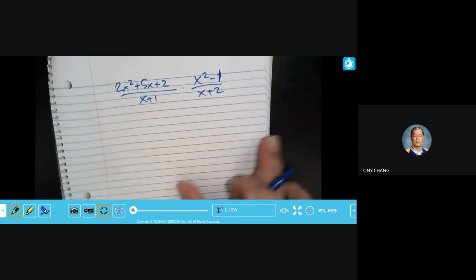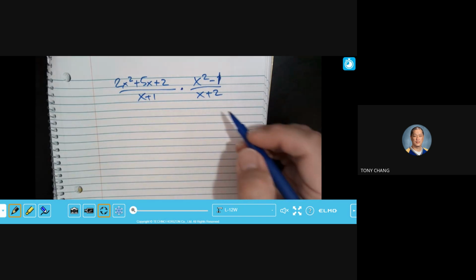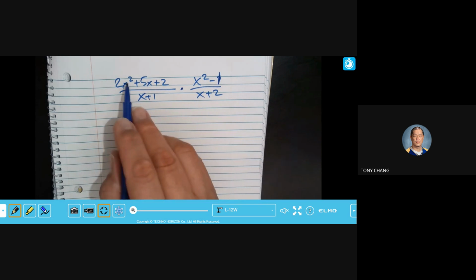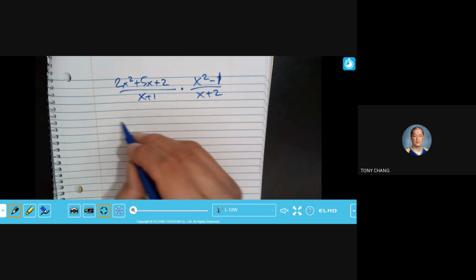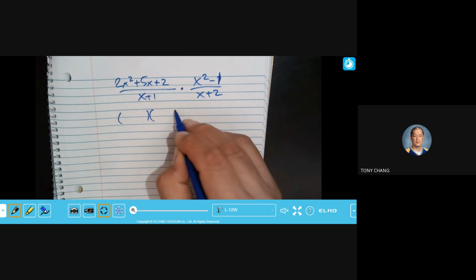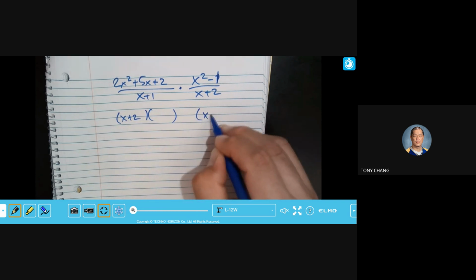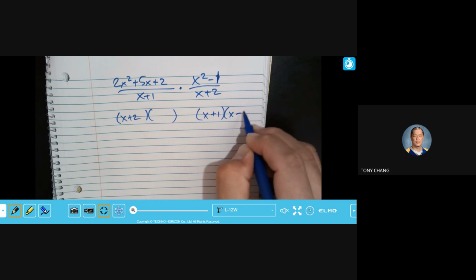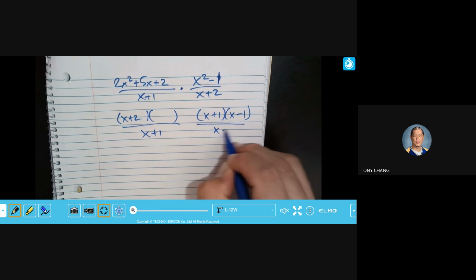Anytime you have a fraction times a fraction with polynomials like this, know that anything with a square in it should be able to be factored. So here, I'm going to have a factor of x plus 2. And here, I'm going to have x plus 1, x minus 1, x plus 1, x plus 2.